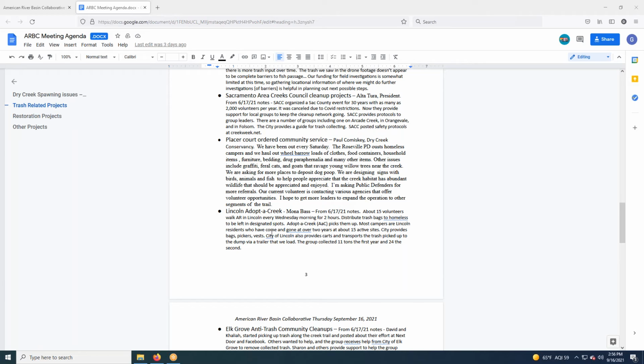It seems like right now we're overwhelmed by this huge trash problem, and people are just scrambling to try and do whatever they can do. It's just not really, as Rich mentioned, it's a small section of Steelhead Creek that they're working on, and we have it in any number of creeks all throughout the region.